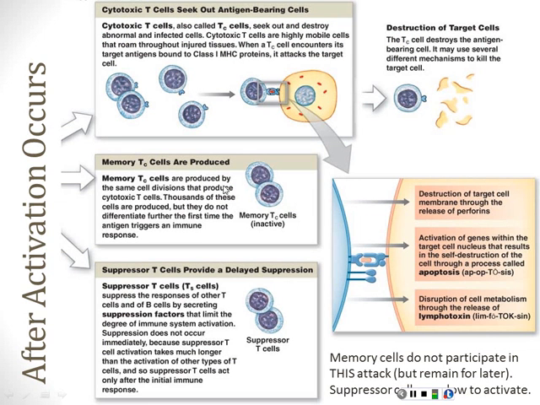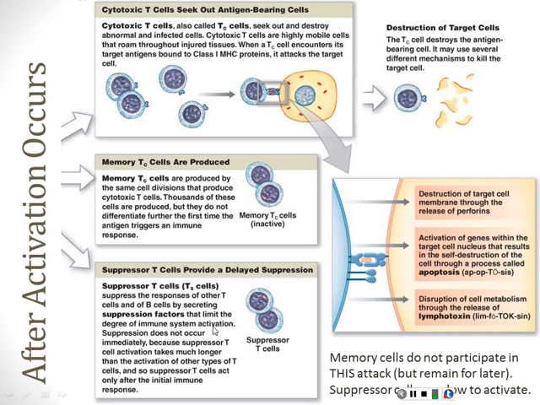But then some of the copies don't do that. Some become memory cells. In other words, they return to an inactive state and they sort of go away. They are still circulating in the body's system, but they're not participating in this immune response. Because there are these memory cells, the next time we encounter that antigen, the body's response can be much faster and much larger. So some become memory cells, and then some become suppressor cells.